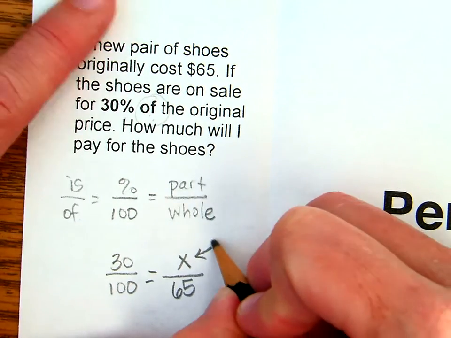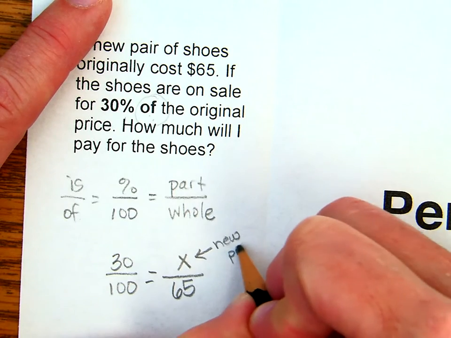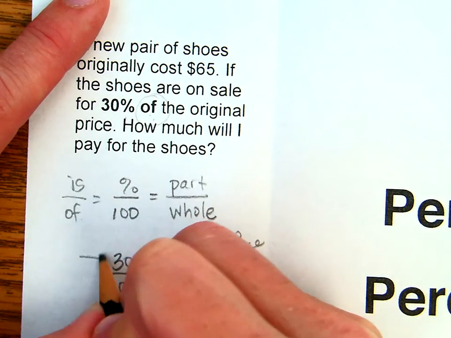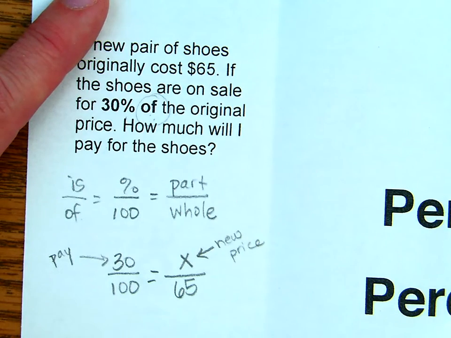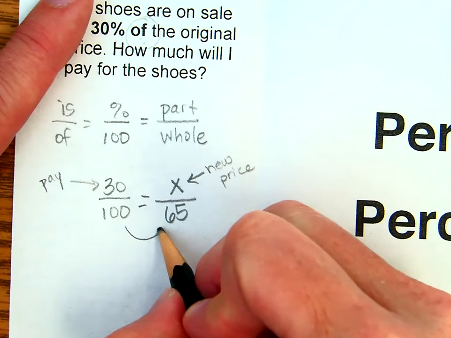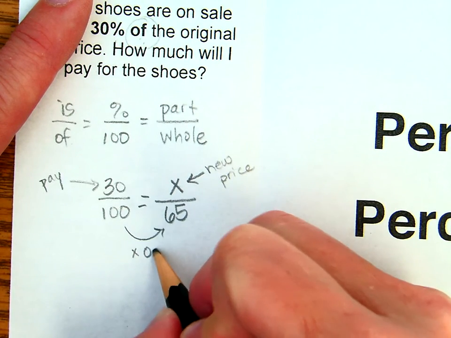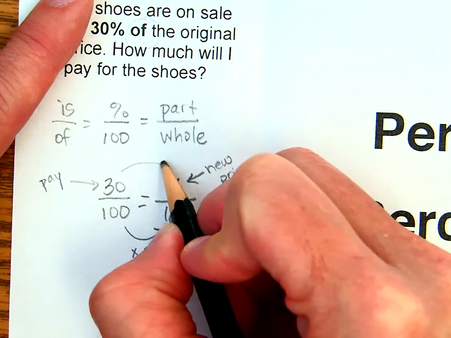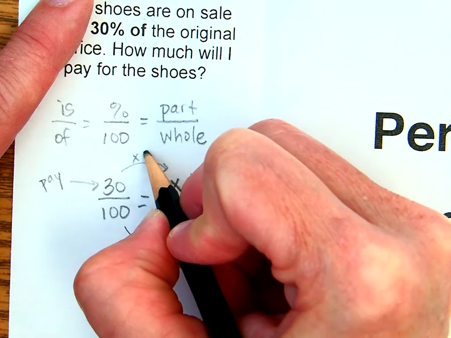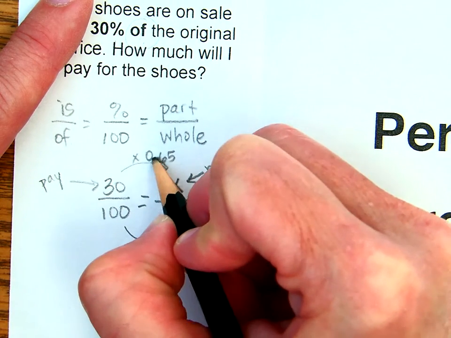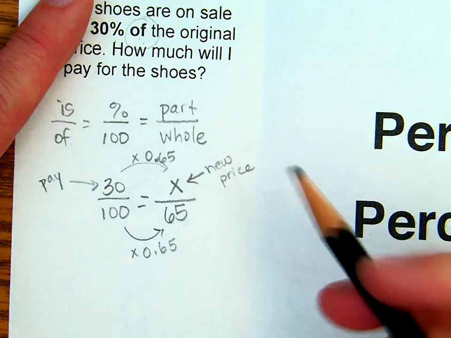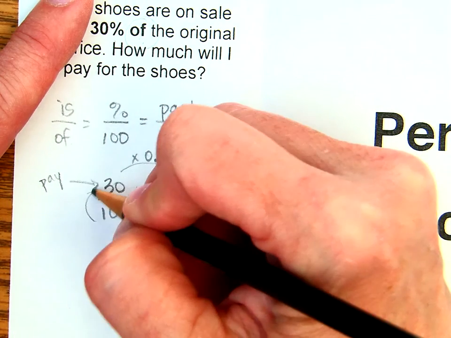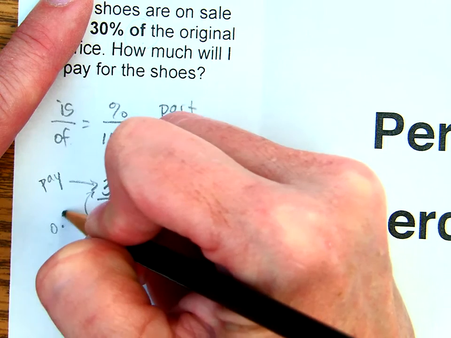This is the new price, because this is how much you have to pay. So we can solve that the same way, multiplying by 65 hundredths, going from left to right, or going from bottom to top. We can multiply by 3/10.